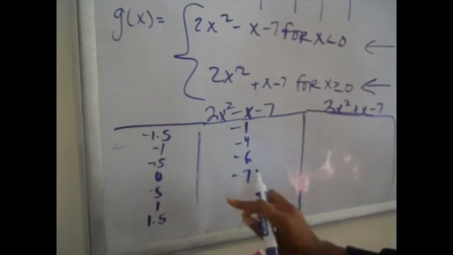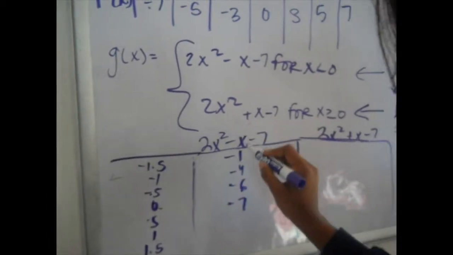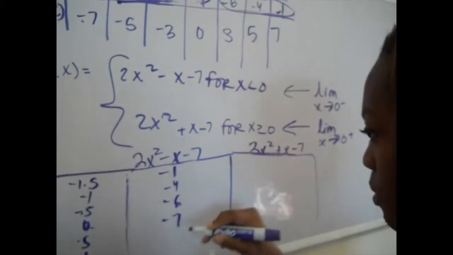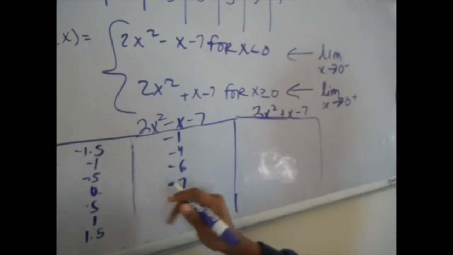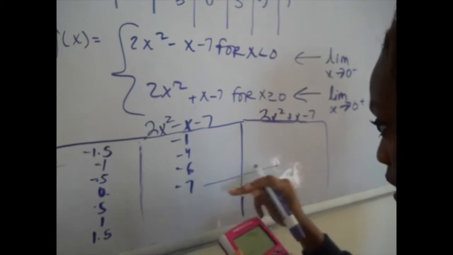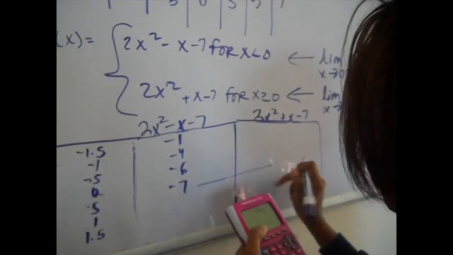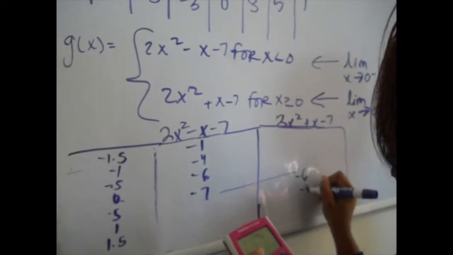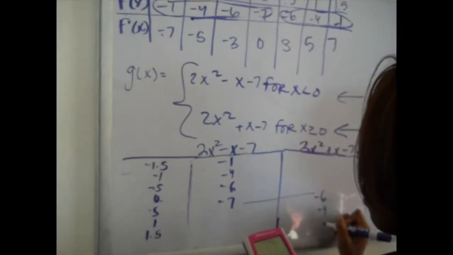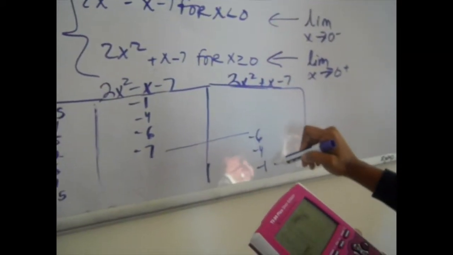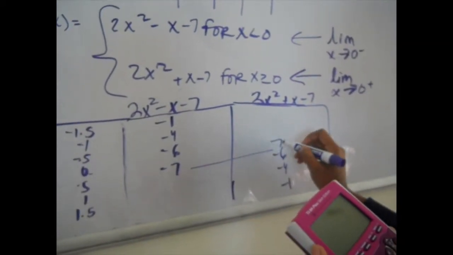You stop at 0 on this function, and on the other side, we begin at 0, so just go straight across, and that negative 0.5 is negative 6, and that 1 is negative 4, and then 1.5 is negative 1. So it is the same values all across.